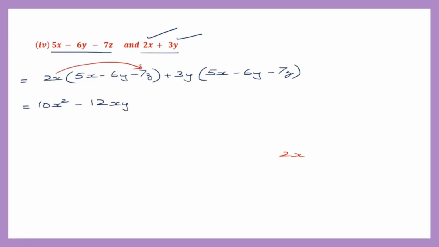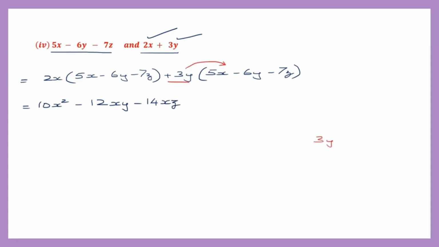So this is a plus sign, so plus into minus is minus. 2 7s are 14. 1x and 1z makes it xz. So this is minus 14xz.